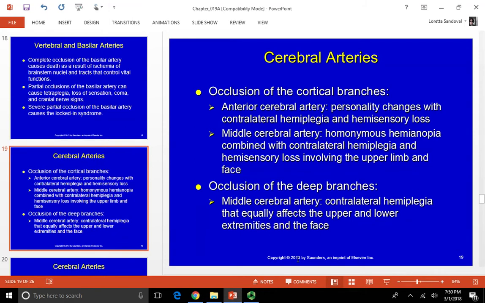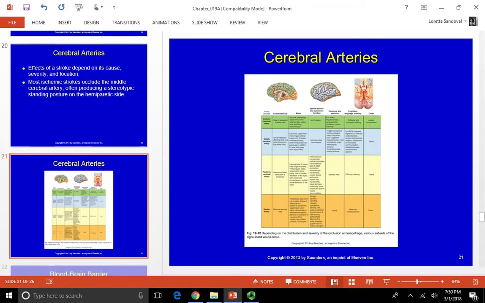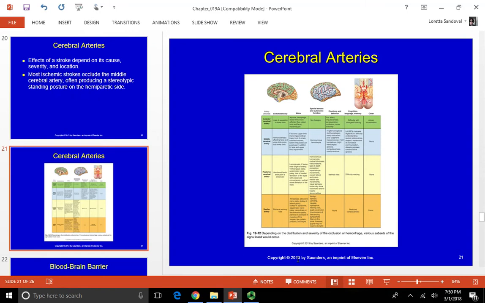So back to the PowerPoint, the cerebral arteries, we went over the information there. There is this lovely chart in the book that I also included in the PowerPoint. I certainly don't expect you to memorize it, but the thing I like about it is it separates the signs into somatosensory, motor, special senses and autonomic function, emotions and behavior, cognition, language and memory, and other.